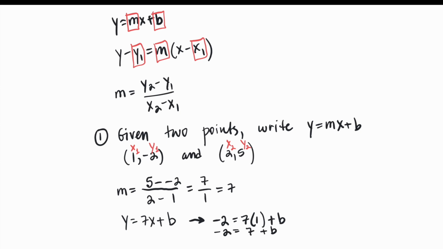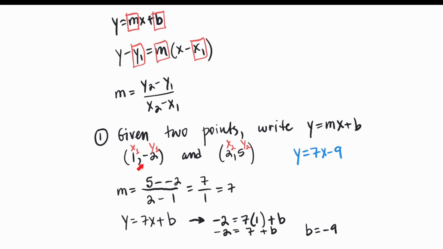To solve for b, you simply subtract the 7 from -2, and that makes your b a -9. Now we are ready to write this form with m being 7 and b being negative 9. So the answer to this question is y equals 7x minus 9.